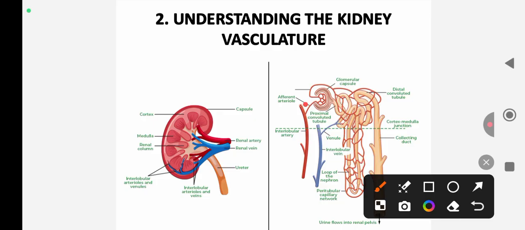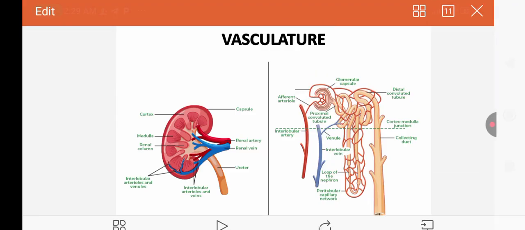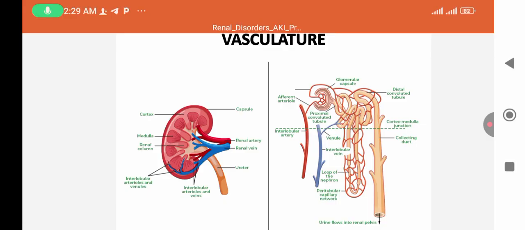Basically, the afferent arterioles enter into the Bowman's capsule to the glomerulus, and blood comes out as the efferent arterioles. That is what you need to know concerning the vasculature of the kidney.